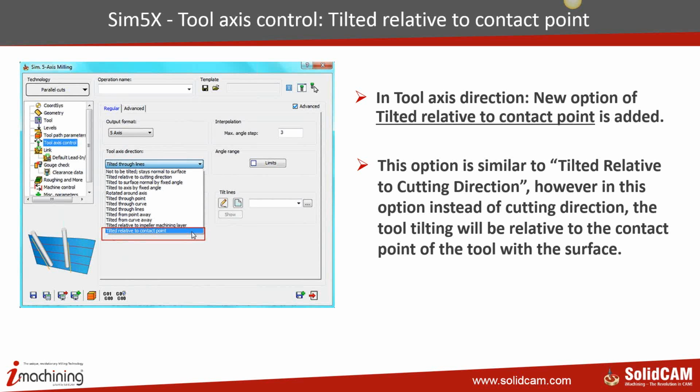This gives a much better and much more predictable tilt, rather than the tool trying to dance on the surface because it gets too many different tilt angles. So the tilting is much smoother when you use the tilted relative to contact point option.